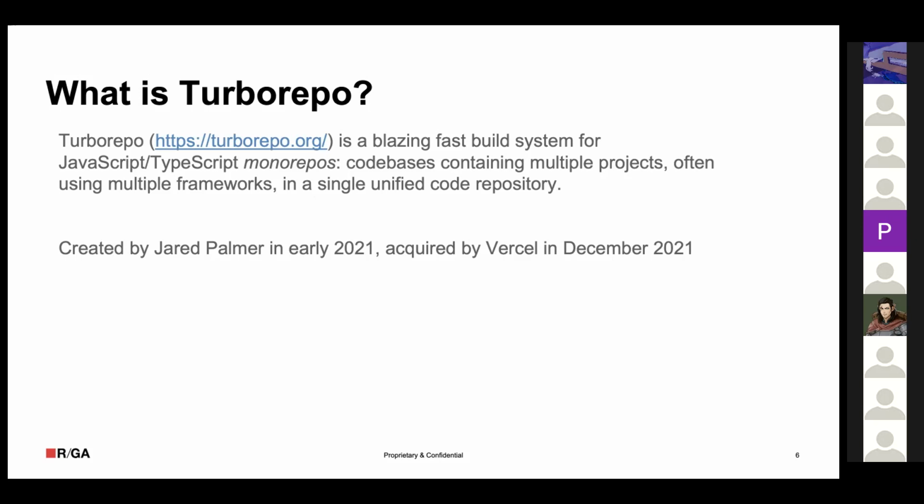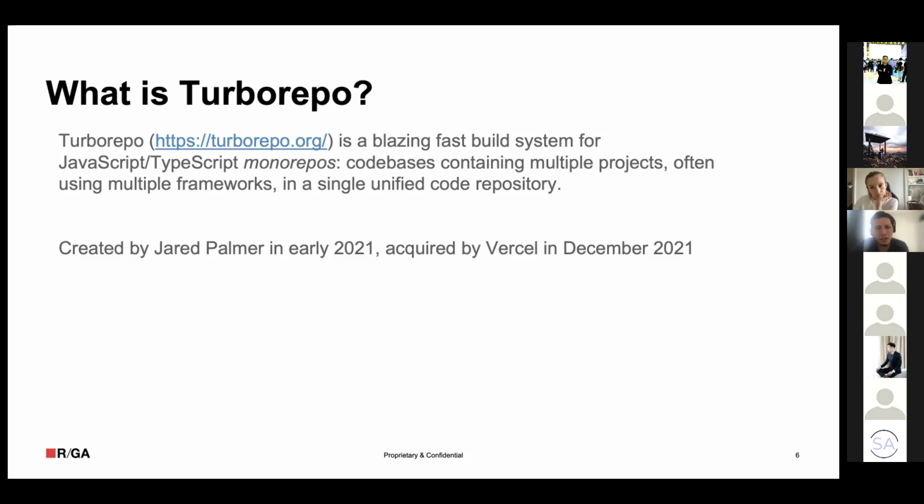Unfortunately, this one is only for JavaScript and TypeScript, so for other engineers that come from another universe, sorry. The point is, Turborepo is how we can make a good configuration in monorepo, so we can easily configure while using monorepo.